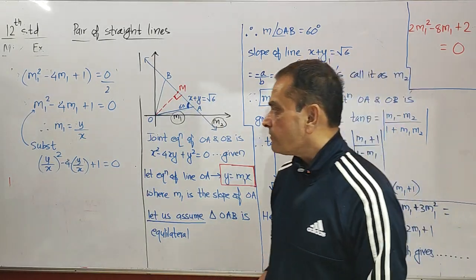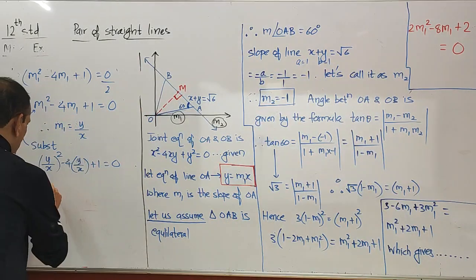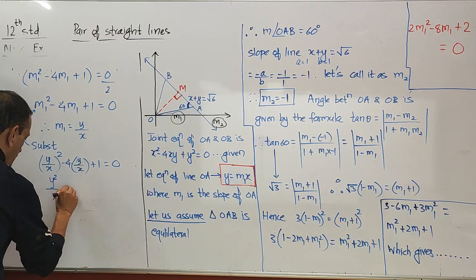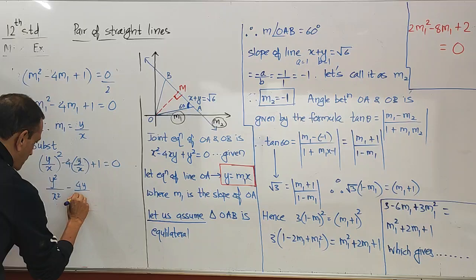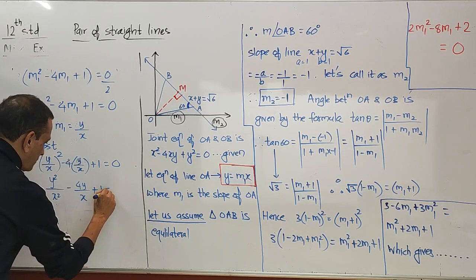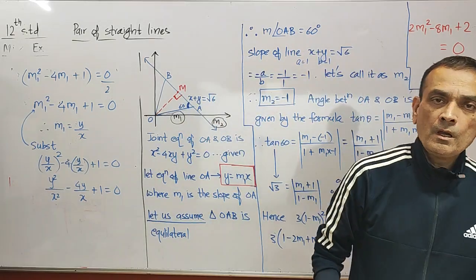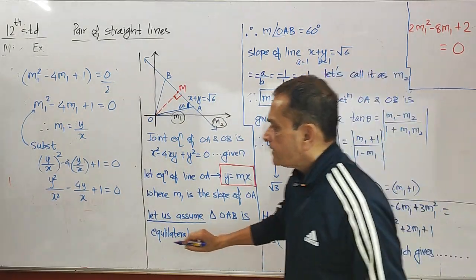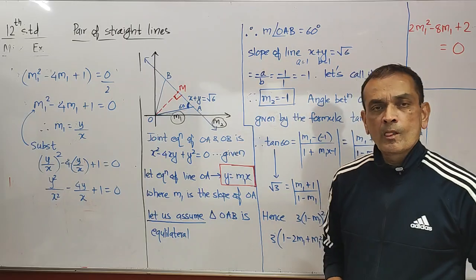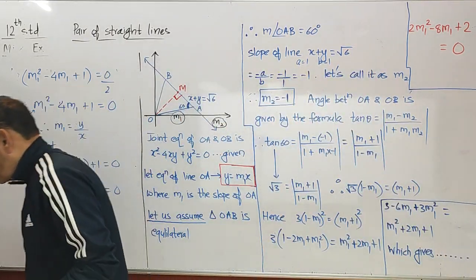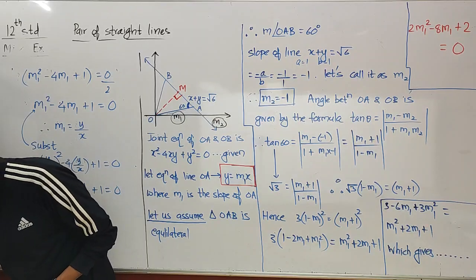Expand, I mean just simplify. y squared upon x squared. You want to get rid of this denominator, so multiply each term by x squared. Multiply each term by x squared.